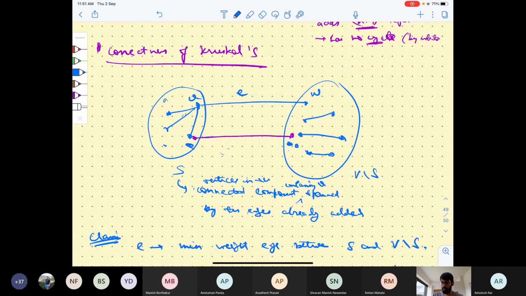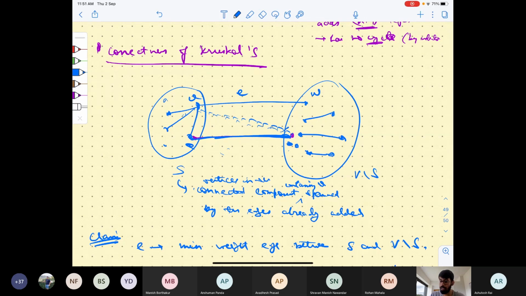If this connected component was already such that there were some edges going across, then an edge added could cause a cycle.